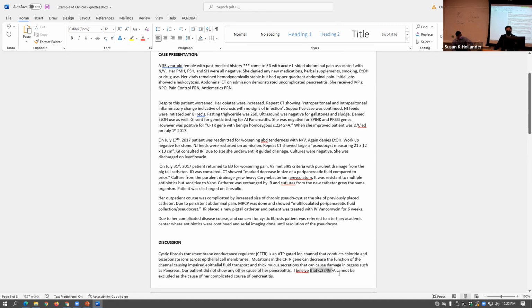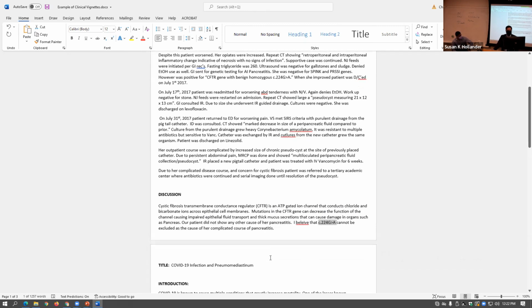And then it says, I believe this mutation cannot be excluded as a cause of her complicated course of pancreatitis. But then it would be wise to go back and see what the actual data says. What does my lit review say about this specific mutation and pancreatitis? And so this would be someone that needs work.